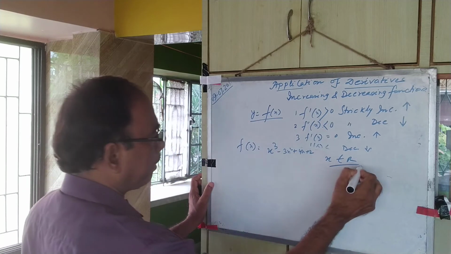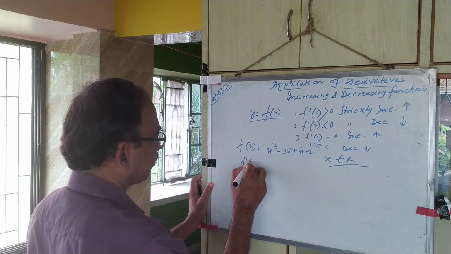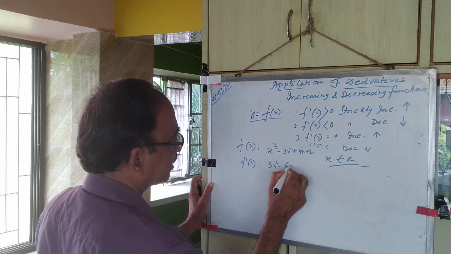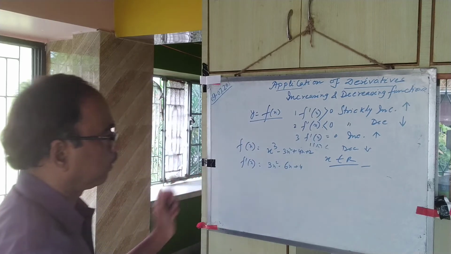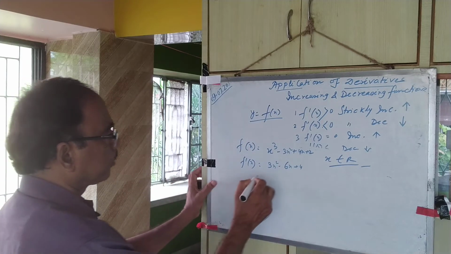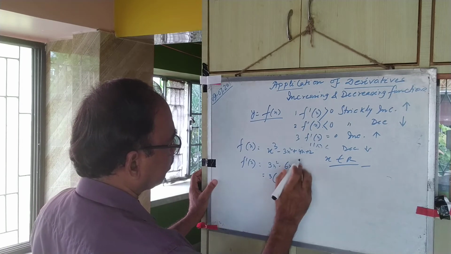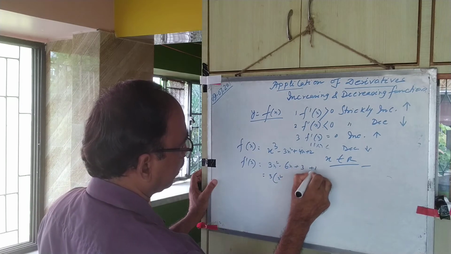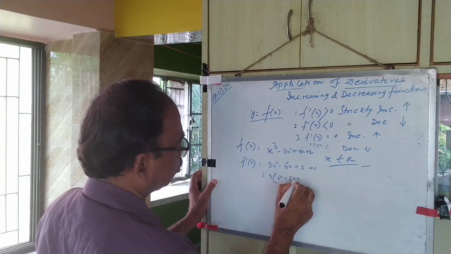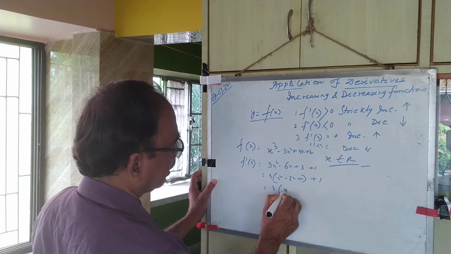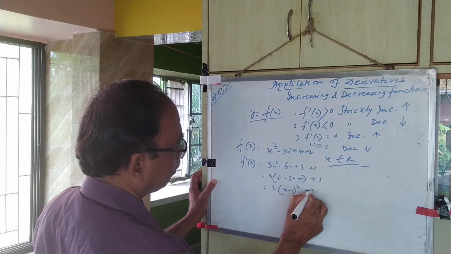For any real number, what is f dash x? F dash x is 3x squared minus 6x plus 4. We can write 3 common: x squared minus 2x plus 1 plus 1, that is 3 times (x minus 1) whole squared plus 1.